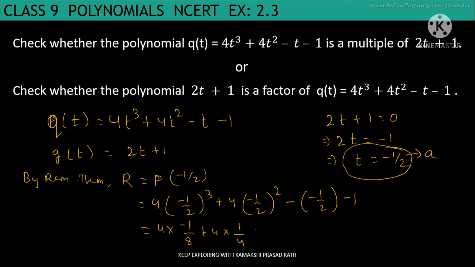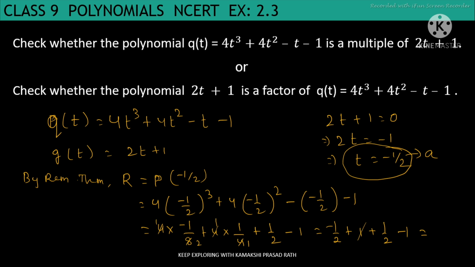Again minus into minus becomes plus 1 by 2 minus 1. Here we see some cancellation: the 4 and the 4 cancel, and the 8 and the 4 reduce. So finally we are left with minus 1 by 2 plus 1 plus 1 by 2 minus 1.